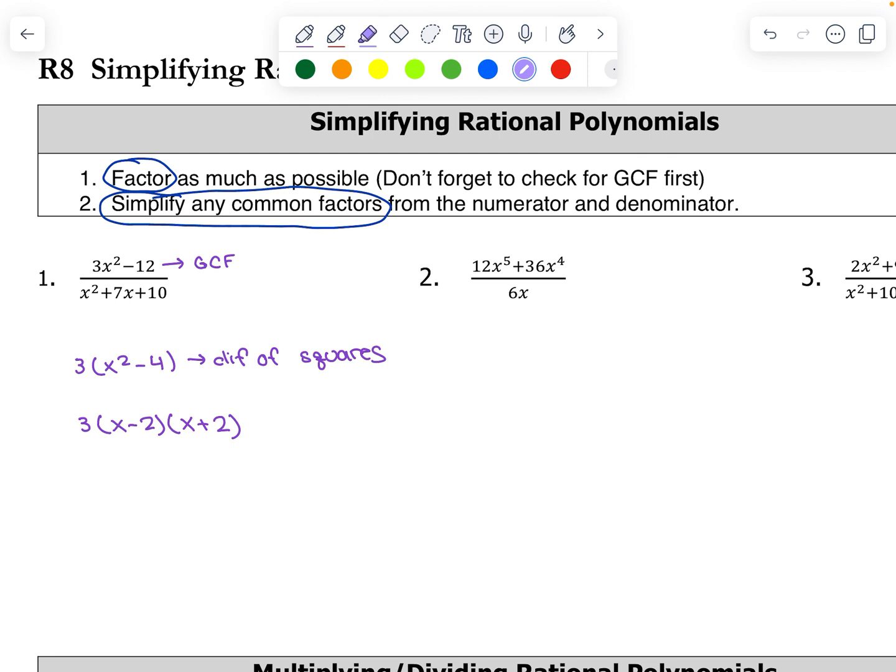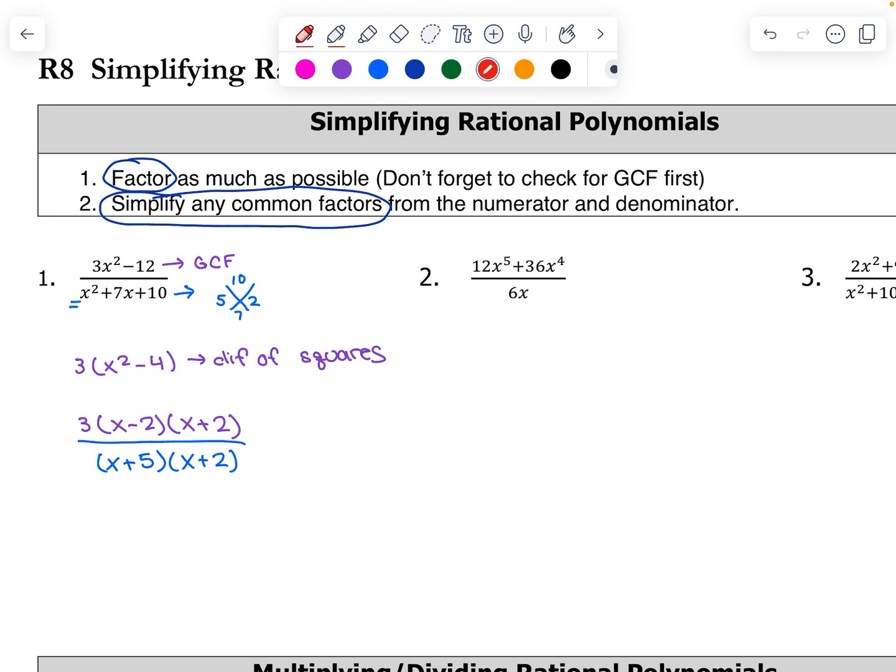Now let's go ahead and take a look at the denominator. The denominator is a trinomial, so we're looking at something that multiplies to 10 and adds to 7. I don't have to split it because it starts with just an x squared, not a number in front of there. So multiplies to 10, adds to 7, 5 and 2. So I'm going to rewrite this as x plus 5 times x plus 2.